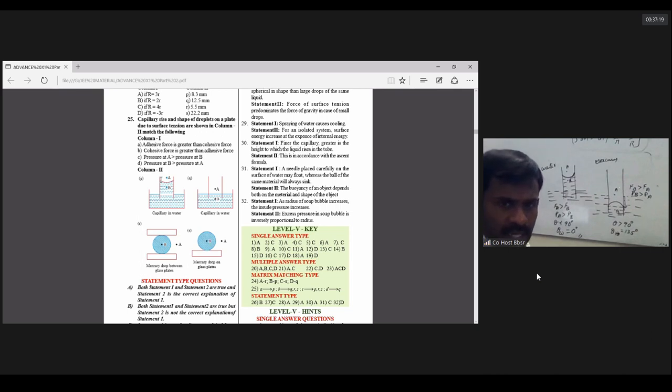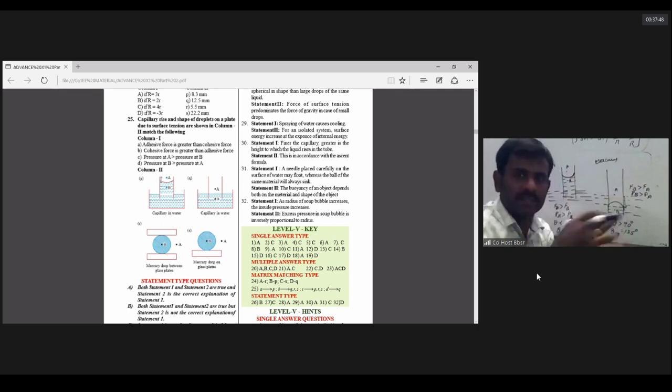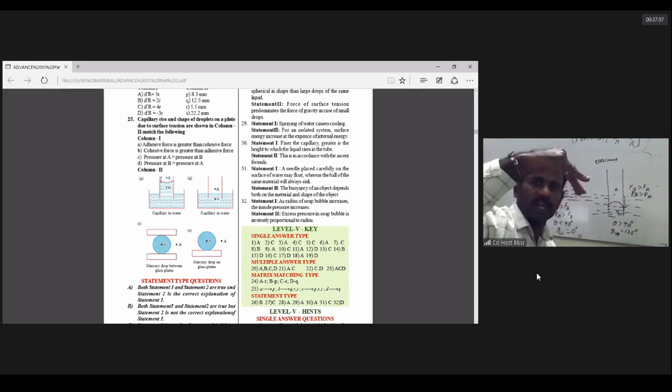Adhesive force greater than the cohesive forces at A, B. So not possible at Q or S, so possible only at P. So A goes to P. Then cohesive force greater than the adhesive: consider mercury, in all cases the cohesive forces should be greater than the adhesive forces. Wherever you take, between two plates, or on a plate, anywhere, cohesive forces should be greater than the adhesive, because of it always be in the convex shape.